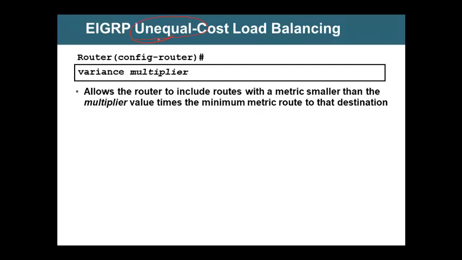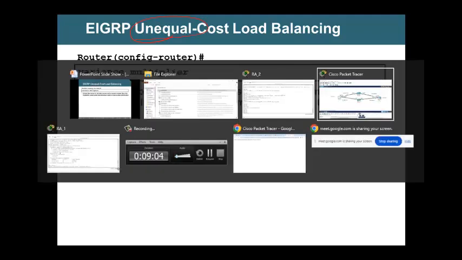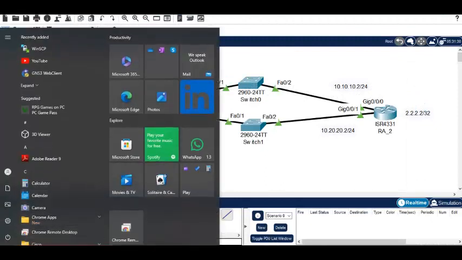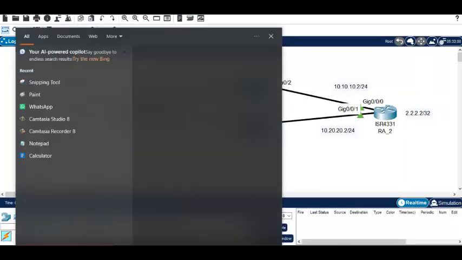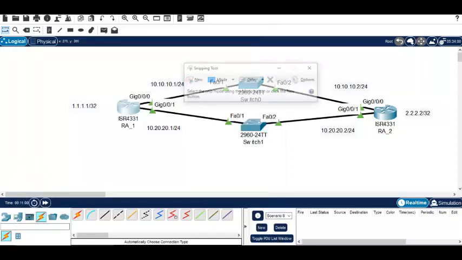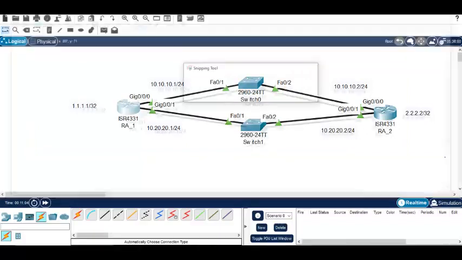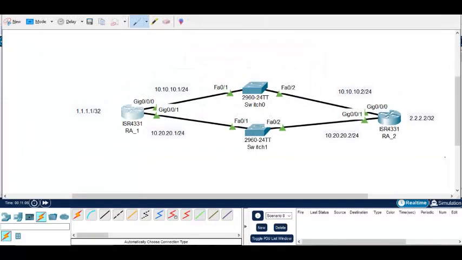For example, in our topology here, what I have is, let's say 10, 10, 10, 15.